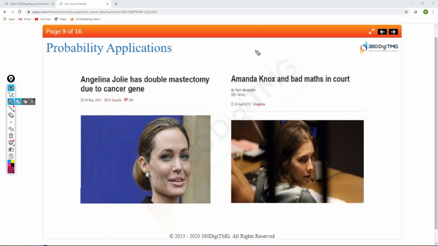Six years down the line, a mathematician came to her rescue by bringing in all the probability aspects. He proved to the judge that the probability that she was involved in the murder of the kids was 0.0000001%. It's absolutely 0%.